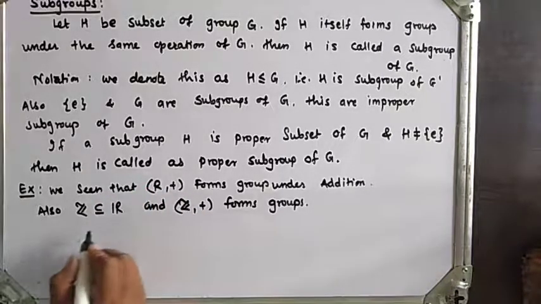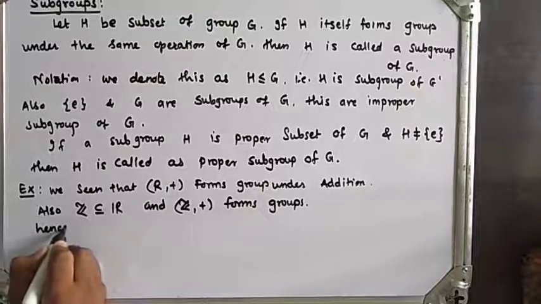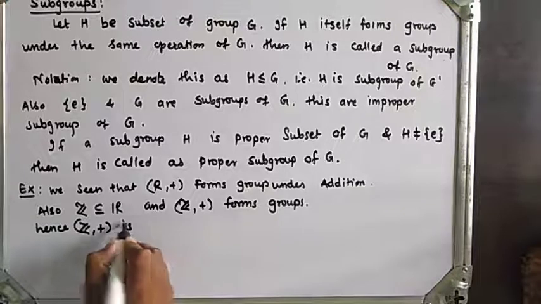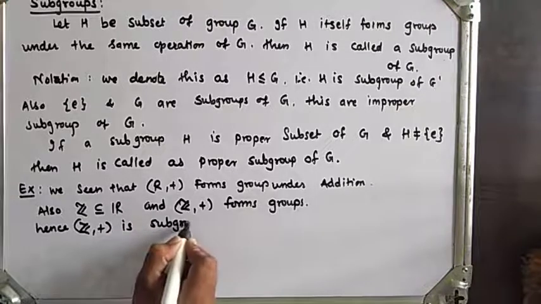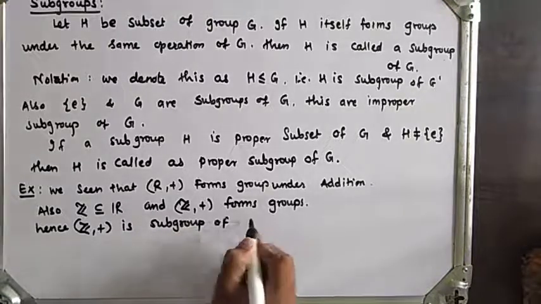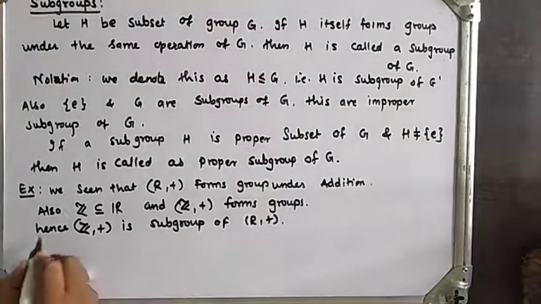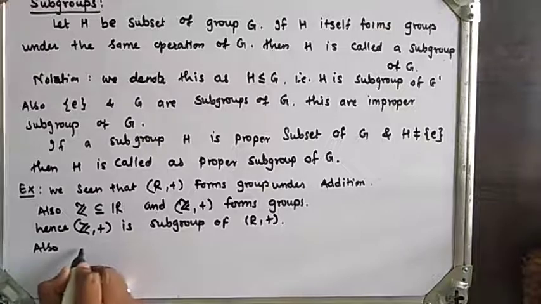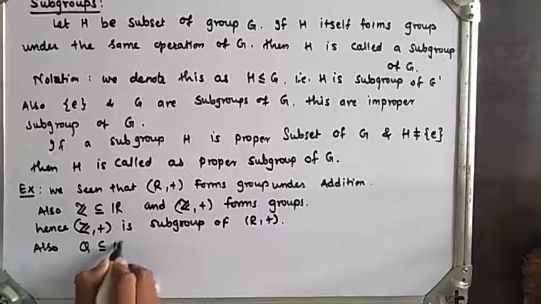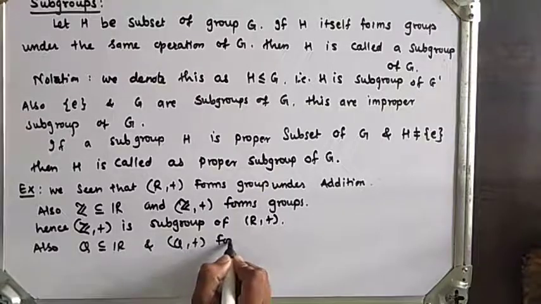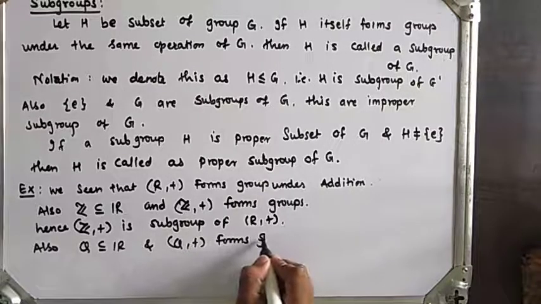Hence Z under addition is a subgroup of R under addition. Also Q is a subset of R, and Q under addition forms a group itself.